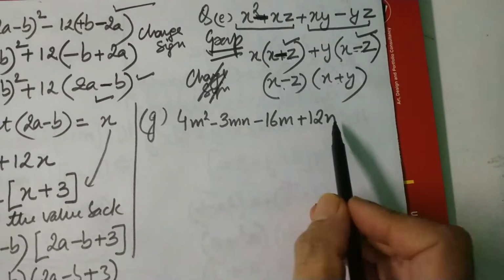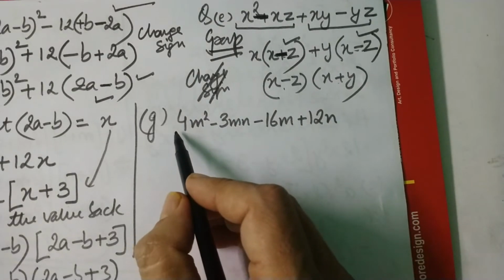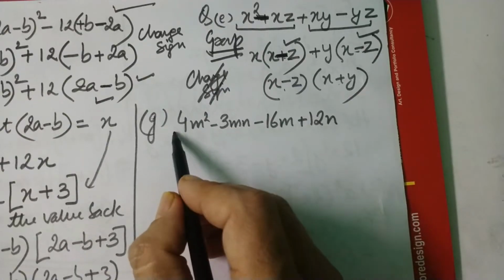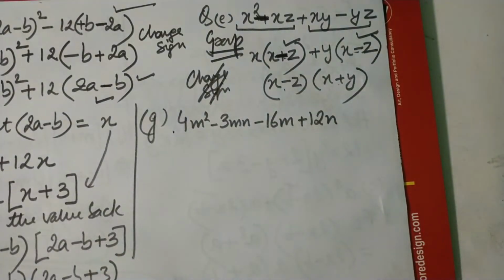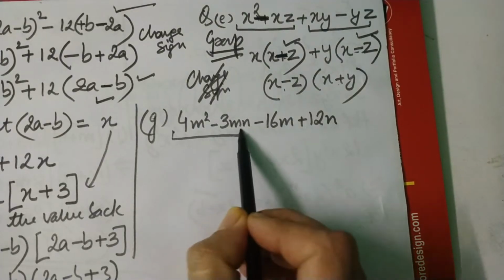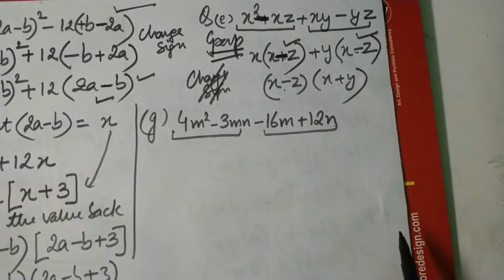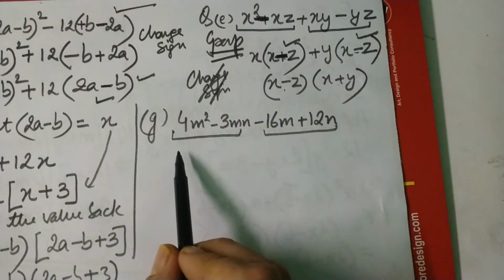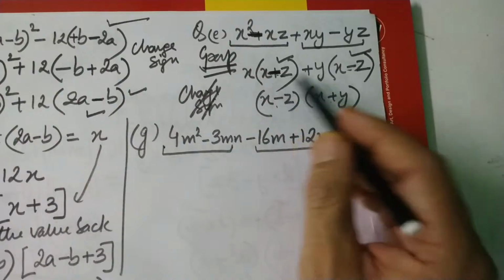No HCF is there. Therefore, you will solve by the second method of factorization, which is taking group. So if I take group, then I will take the first group and the second group. In both the groups, when you factorize, one bracket should come same.